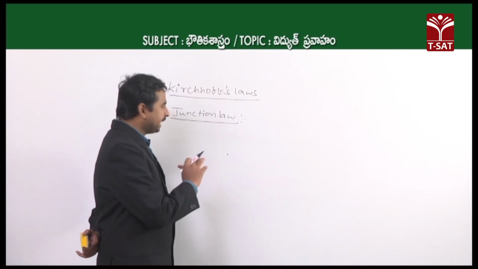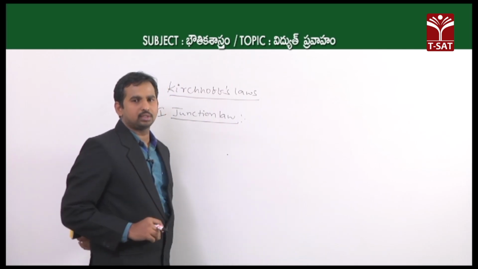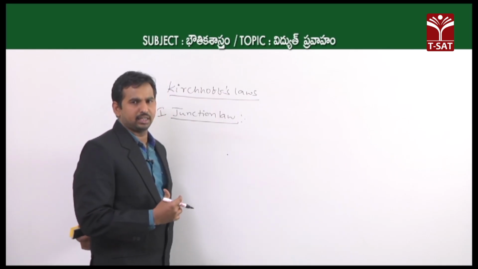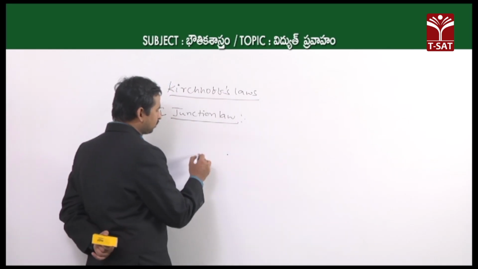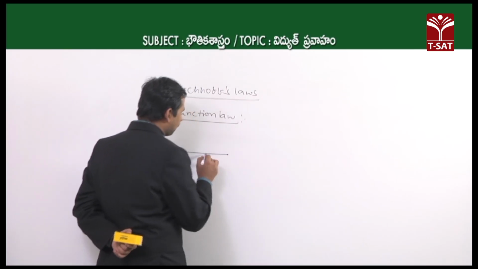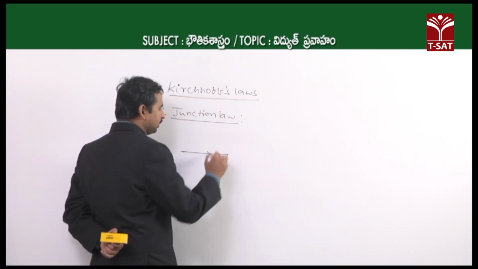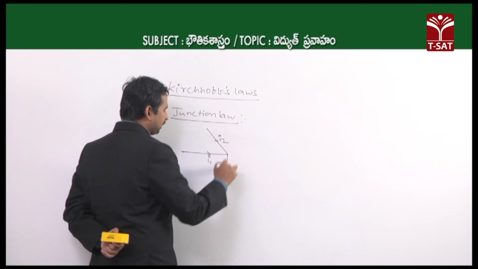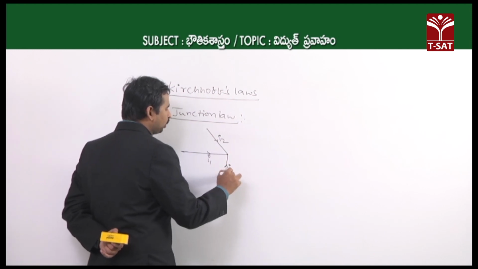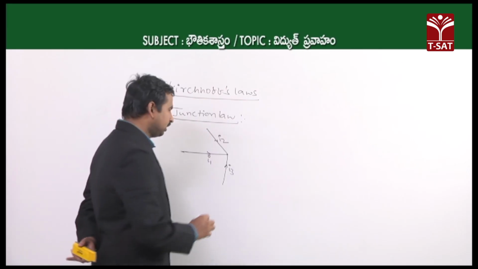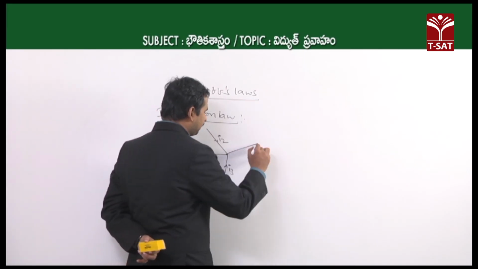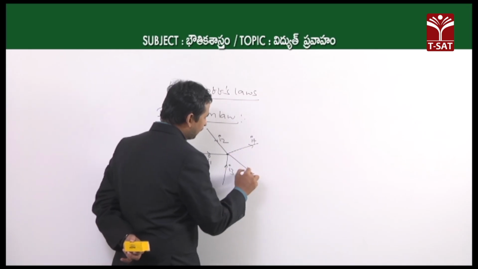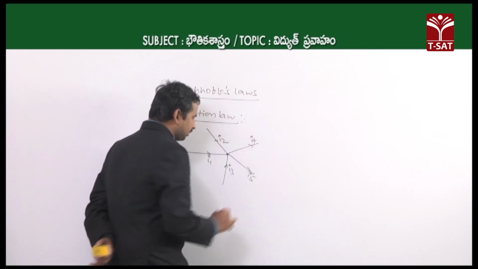At any junction point, according to Kirchhoff's first law, let us suppose here at this point I have the currents I1, I2 and I3 coming inside, and they are going in two different directions, let this be I4 and let this be I5.